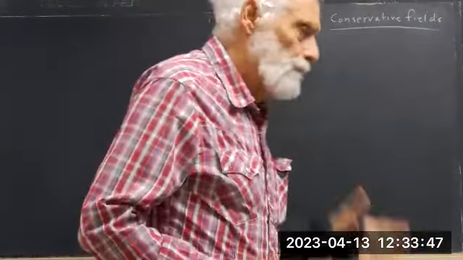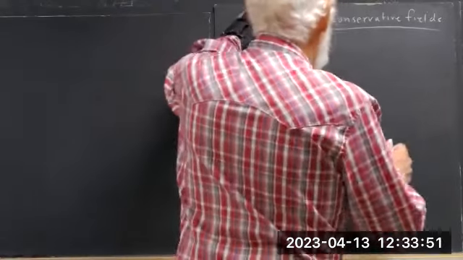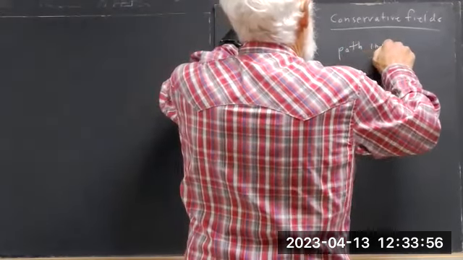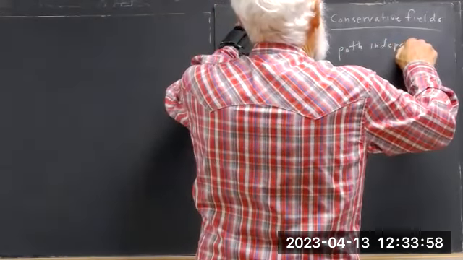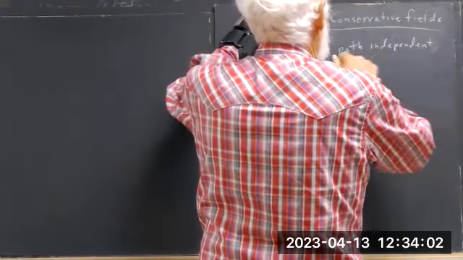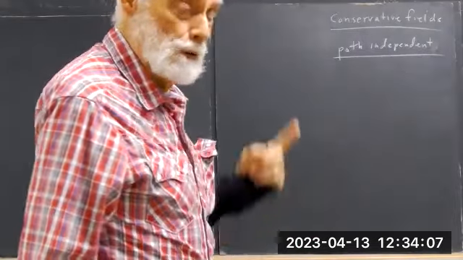Okay, well, the definition of a conservative field is that it's path independent. That's one characteristic.